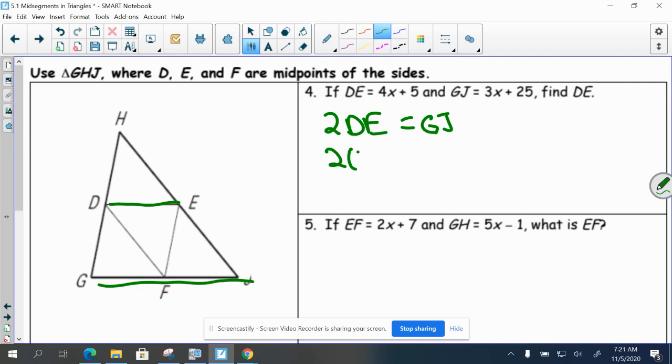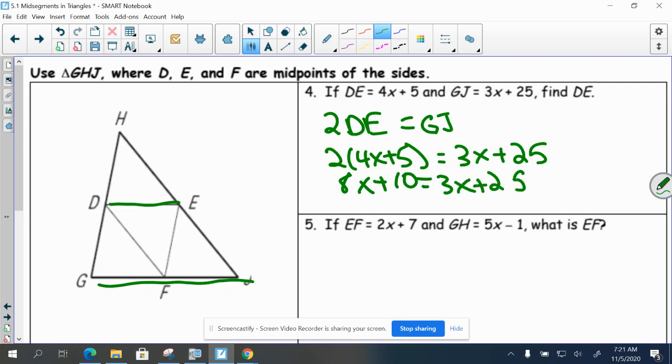So we would do 2 times 4x plus 5 equals 3x plus 25. All right, so distribute the 2, 8x plus 10. Combine like terms or move terms over. So we would get 5x equals 15, x equals 3.